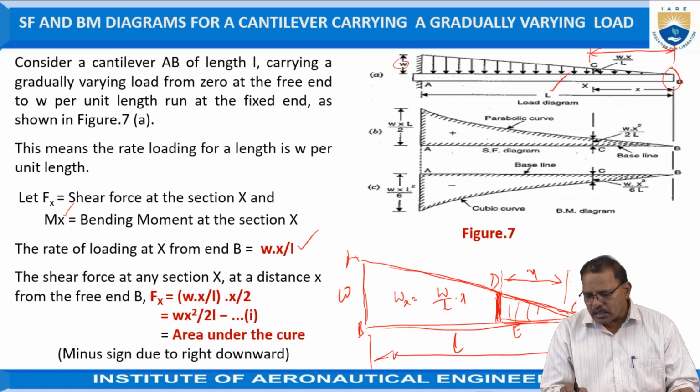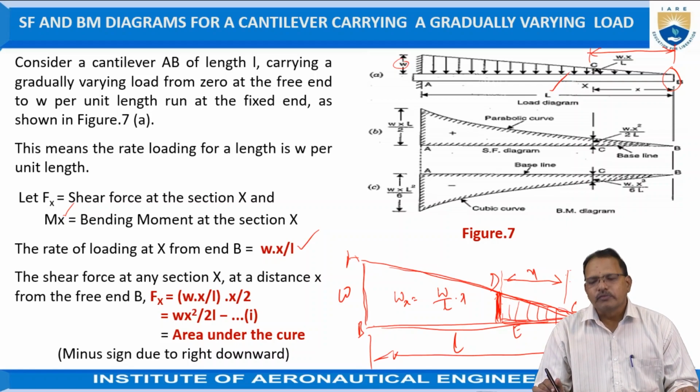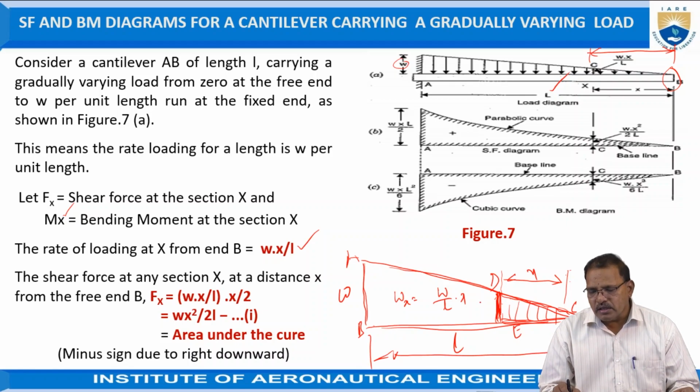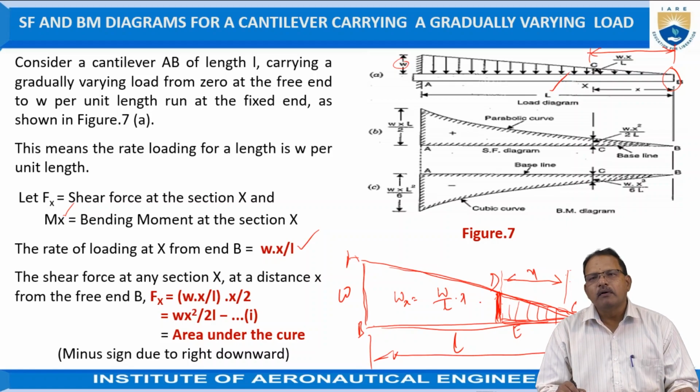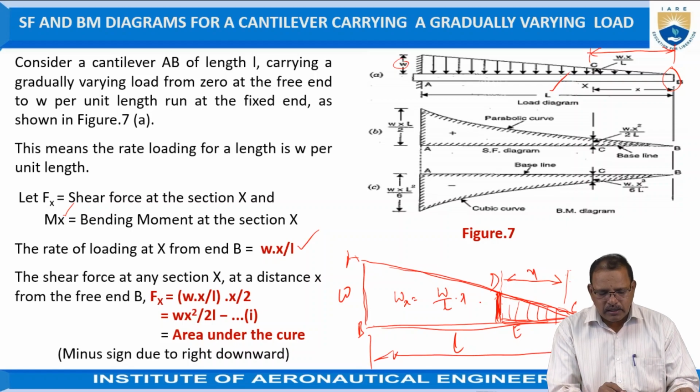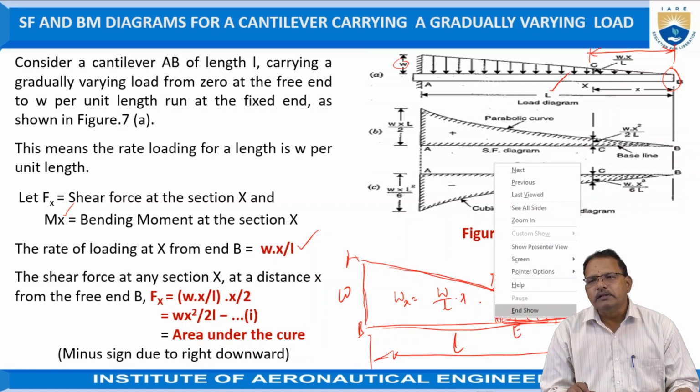That is the area under this load curve, which is treated as the load acting. Here it is Wx divided by L, and at the end it is 0, so it is in the form of a triangle. Hence the load is W into x by L into x divided by 2, that is the area of the triangle.